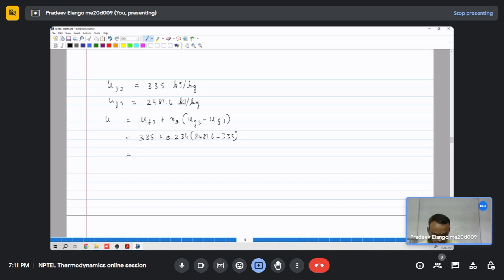So this is 837.3 kilojoule per kilogram. This is at state 3.